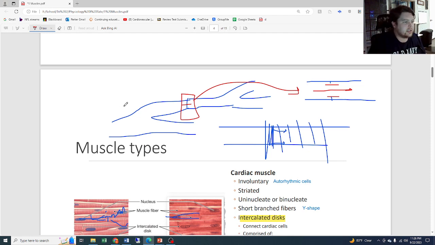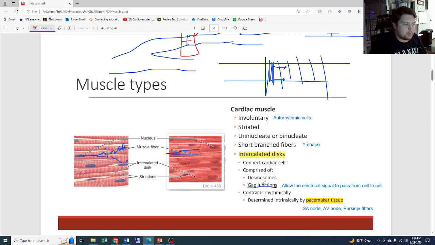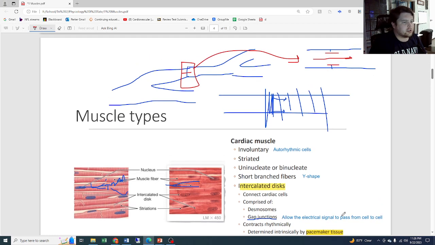And it's thanks to these intercalated discs, and specifically where these are, it's actually called the gap junction. I kind of misspoke a little bit there. Just to clarify, the intercalated disc is where they are connected. The space in between is called the gap junction, which allows the electrical signal to pass from cell to cell.